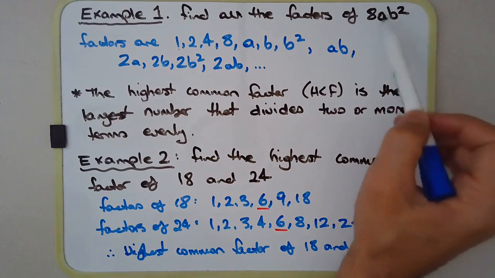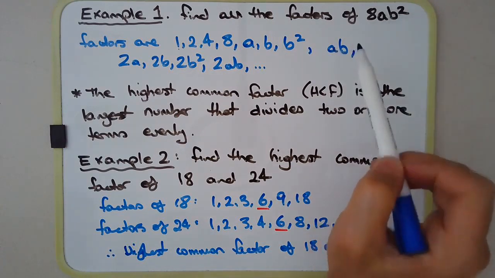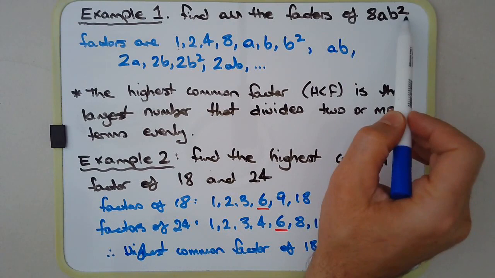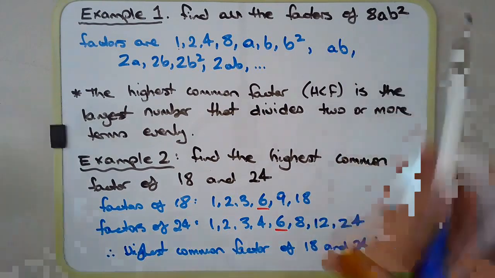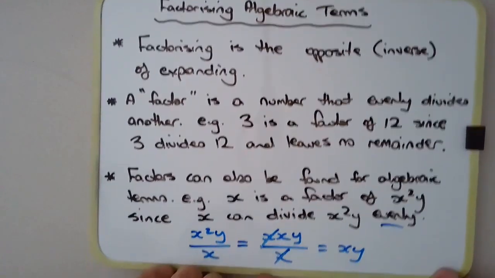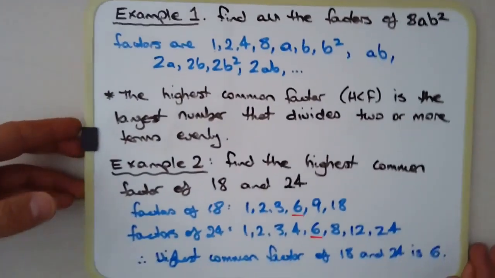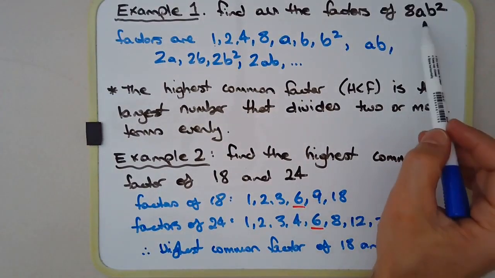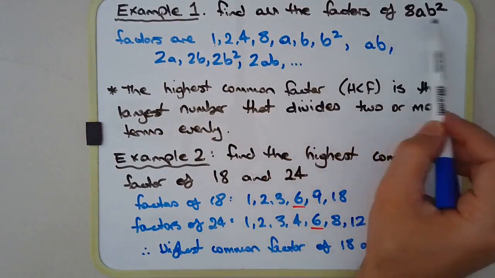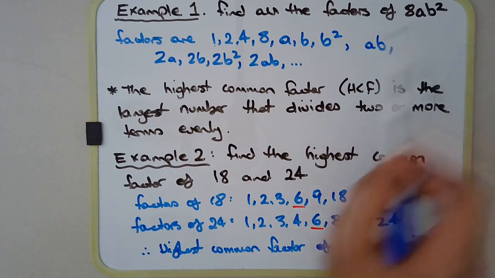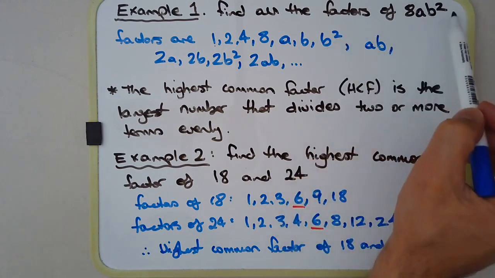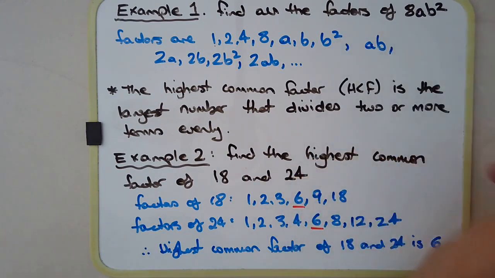What about the pronumerals or the variables? What can divide ab squared? Think of the factors that can divide that. Very similar to the last example, a can divide ab squared. b can divide ab squared. b squared can divide ab squared. ab can divide ab squared.